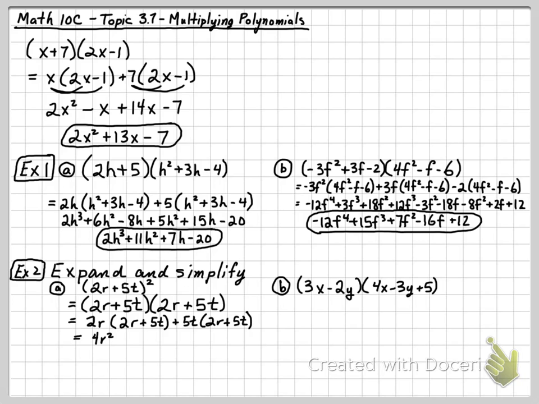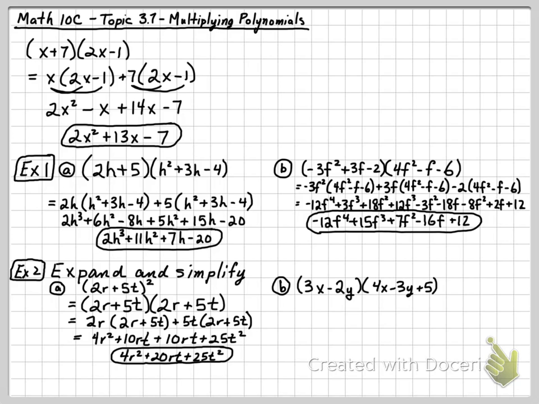And you're going to end up with 4r squared plus 10rt. Notice it's rt because we're going to put the variables in alphabetical order. Now we've got plus another 10rt. You wouldn't say tr, you'd say rt plus 25t squared. And that allows us to simplify our middle terms, which will be 4r squared plus 20rt plus 25t squared.